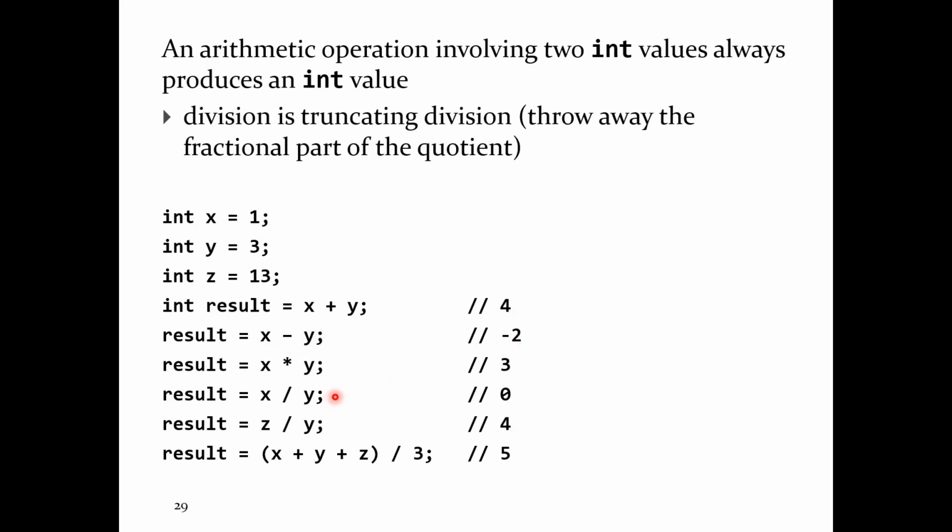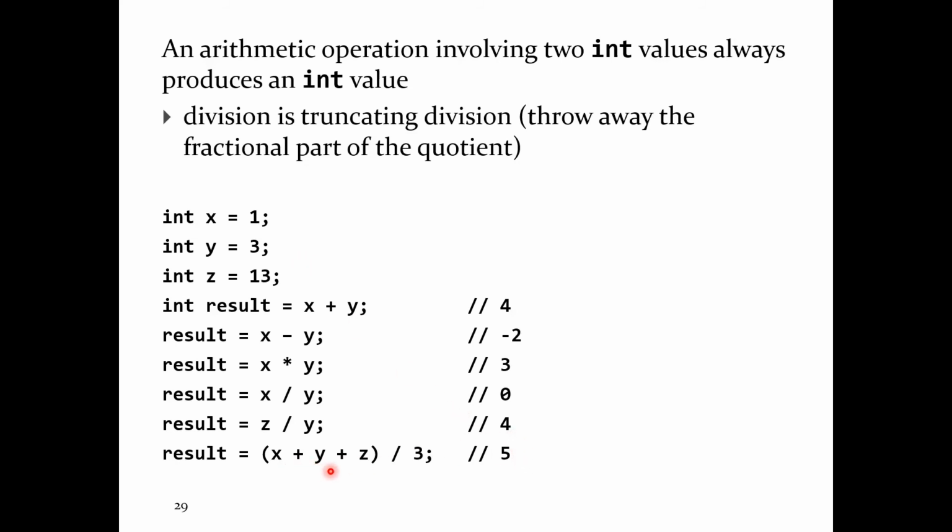Now let's look at x divided by y. X divided by y is 1 divided by 3. Mathematically, that's 0.33333. You throw away everything after the decimal point, so you get 0. Z divided by y is 13 divided by 3. Mathematically, you get 4 and a bit, so you throw away the and a bit part, and you get 4.